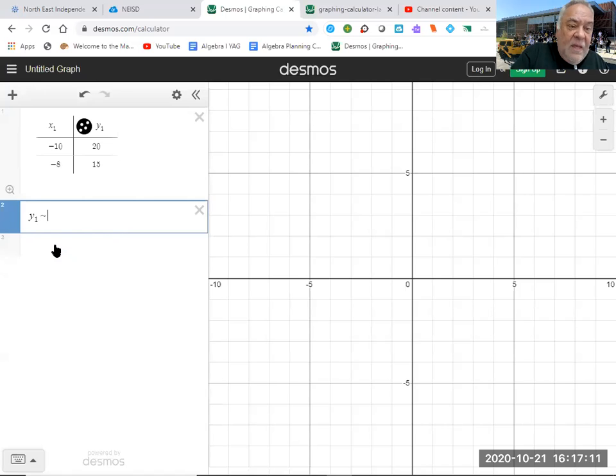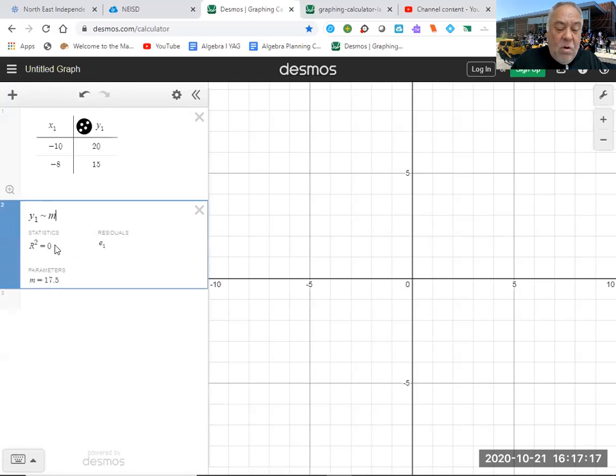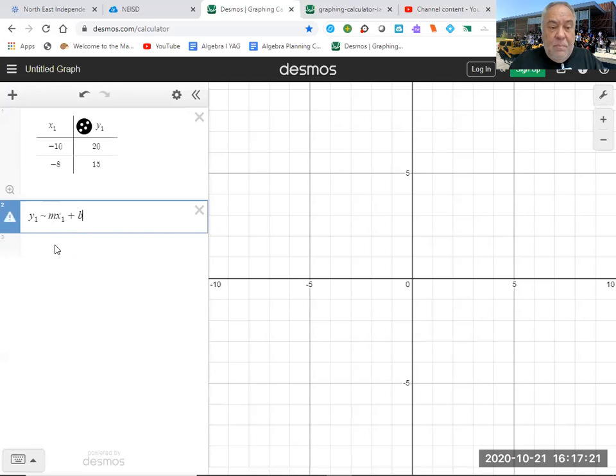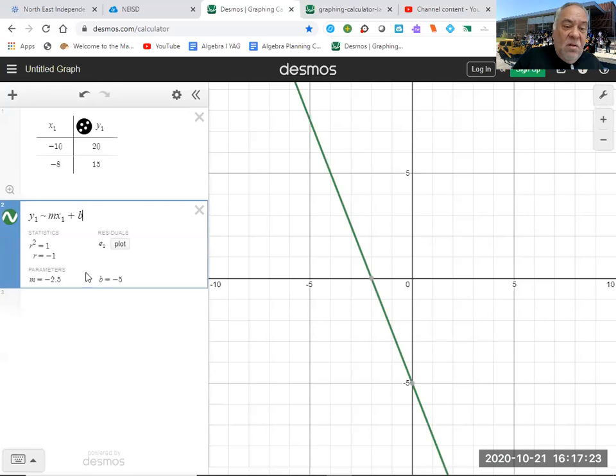It gives you this squiggle, then m times x1, plus b. And now, that's what it's giving you. It's giving you what m is. The slope is negative 2.5. And it's telling you what the y-intercept is. Minus 5. And if you look at the graph, you can see it's minus 5. And the slope is negative.